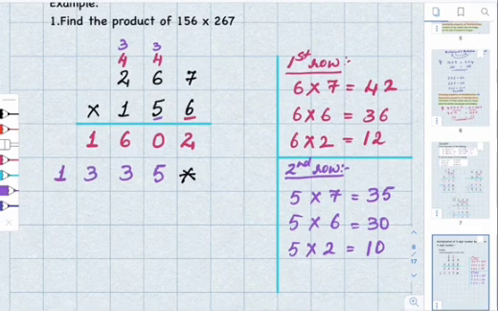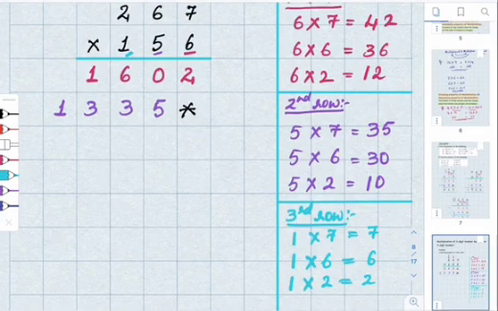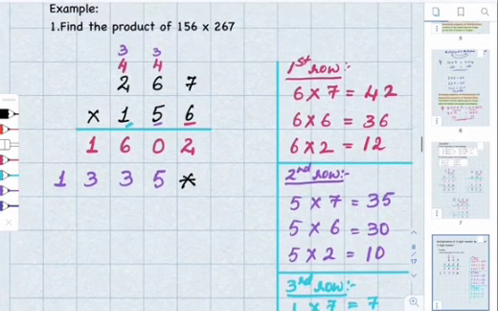Now, for the third row, we'll replace the numbers here. Children, it is very easy to locate because the first number we started the product writing from the units place itself. For the second number we started from the tens place.